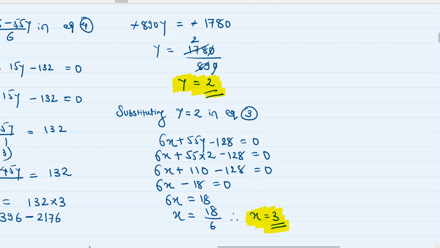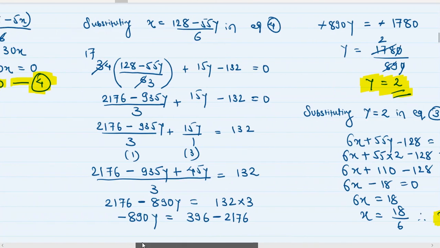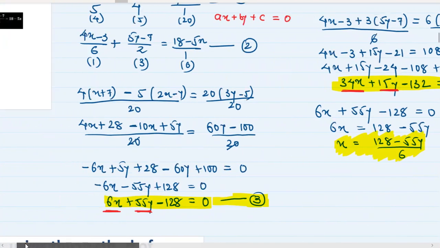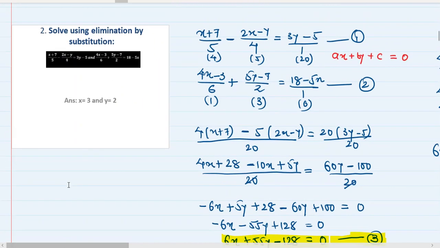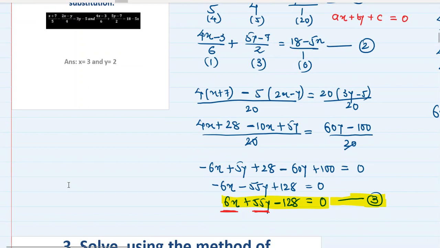So y is 2 and x is 3. Let's check. x is 3, y is 2. So yes, that's the answer, and this is the method.